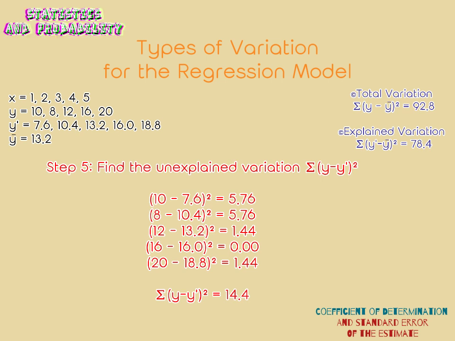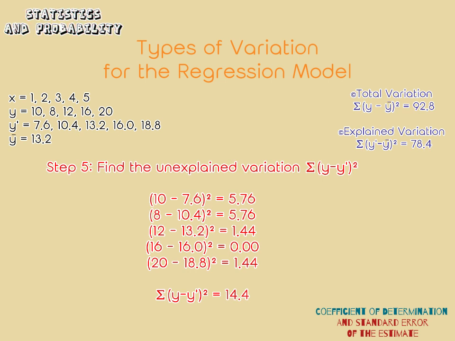So, 10 minus 7.6 squared is equal to 5.76. 8 minus 10.4 squared is equal to 5.76. 12 minus 13.2 squared is equal to 1.44. 16 minus 16 squared is just 0. And lastly, 20 minus 18.8 squared is equal to 1.44.